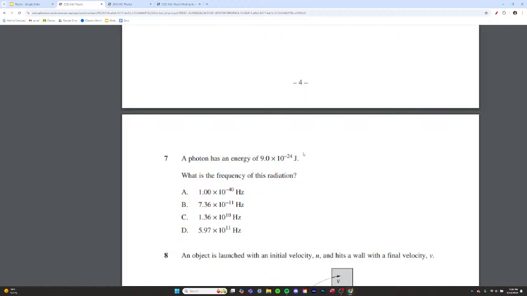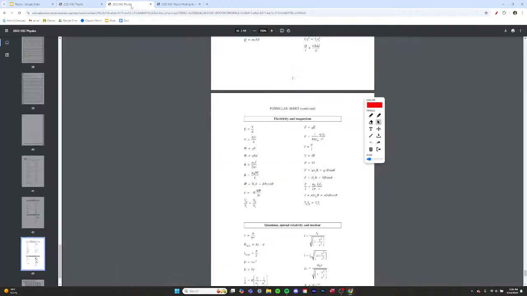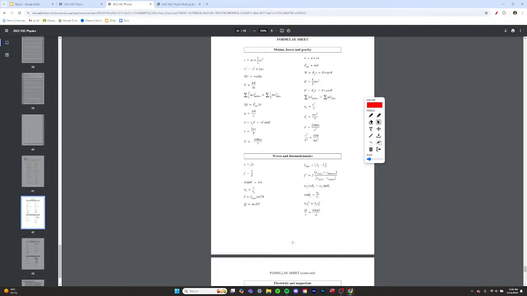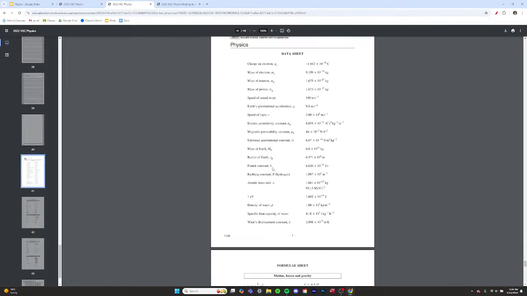E equals 9 times 10 to the minus 24, so 9 times 10 to the minus 24 over h. h is 6.626 times 10 to the minus 34. So that should cross off, and that should be 10 to the minus 10 in the denominator. I think I'm allowed to do that.